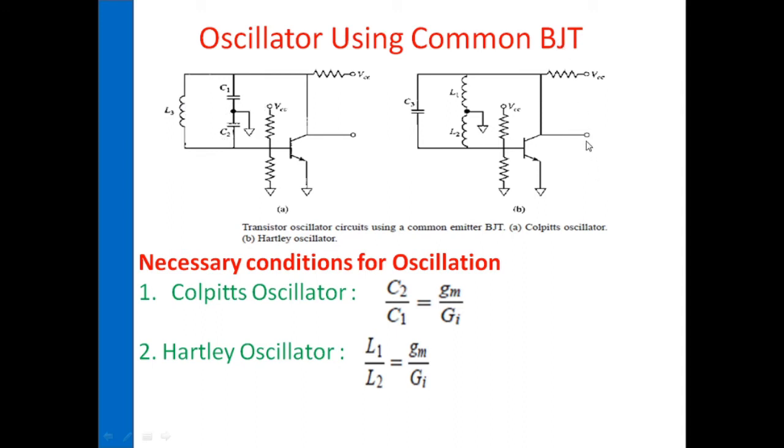And for a Hartley oscillator, two inductors in parallel with a capacitor. Now for producing sustained oscillation, the condition for the Colpitts oscillator is C2 divided by C1 equal to Gm divided by Gi, where Gi represents the input side conductance value, and for the Hartley oscillator, L1 by L2 equal to Gm divided by Gi.